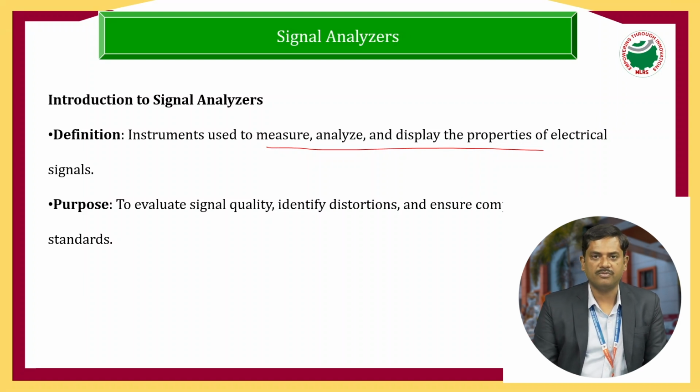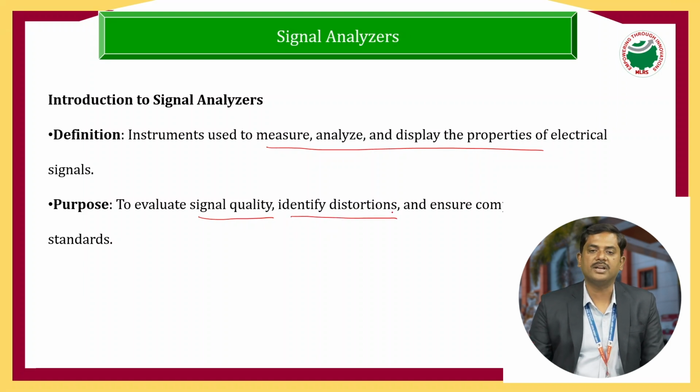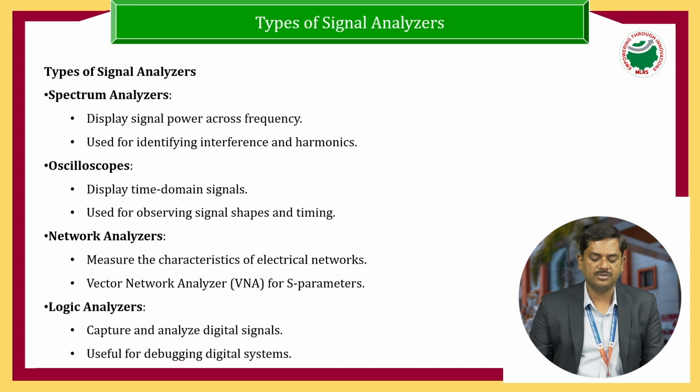For what purpose do we use these signal analyzers? In order to evaluate the signal quality and to find where exactly the distortion has occurred, we look into the signal analyzers. Depending on the frequency, they are classified as AF signal analyzer, HF signal analyzer, and RF signal analyzer.